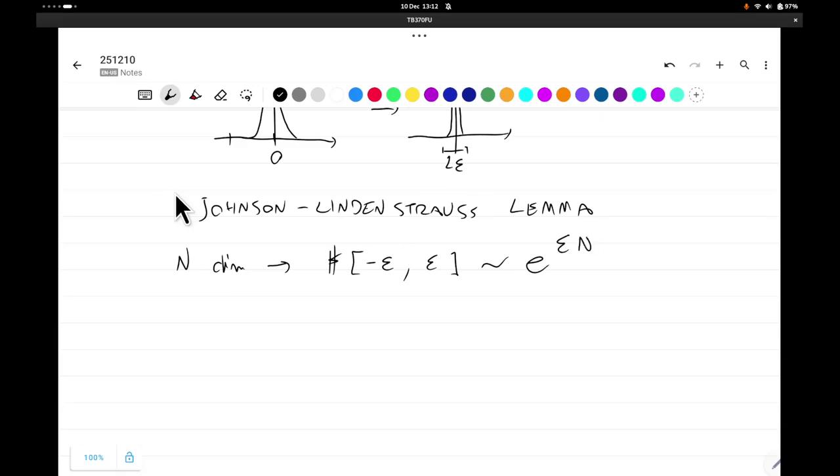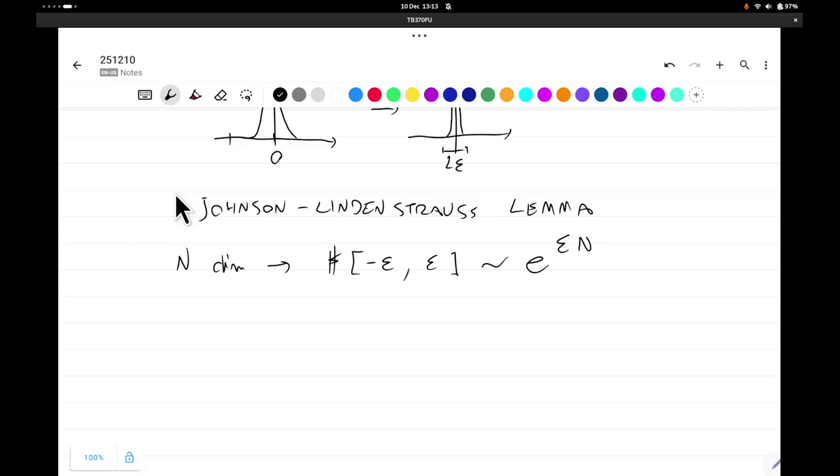So as small as you take epsilon, with a large number of dimensions, the number of directions that you can have that are almost orthogonal grows exponentially. So in these thousands of dimensions, we can hide many more almost orthogonal representations, so they would all be decoupled from each other.